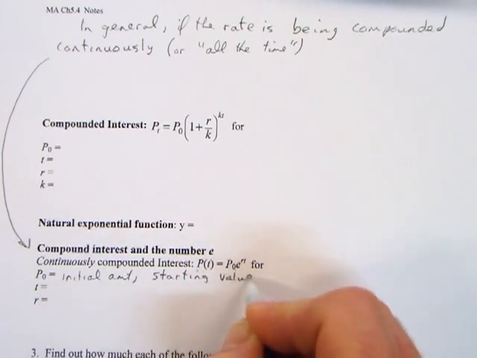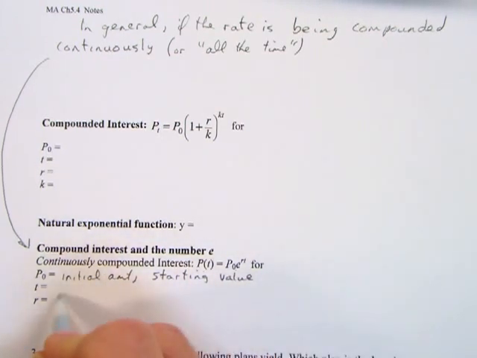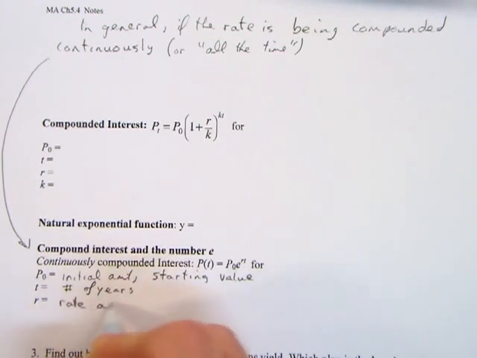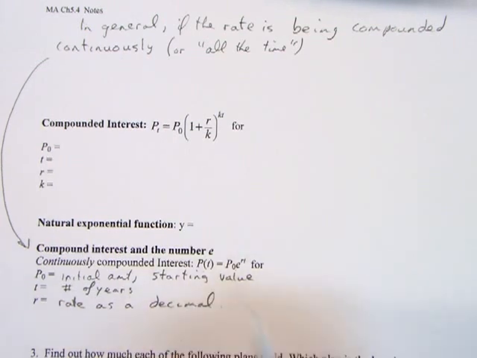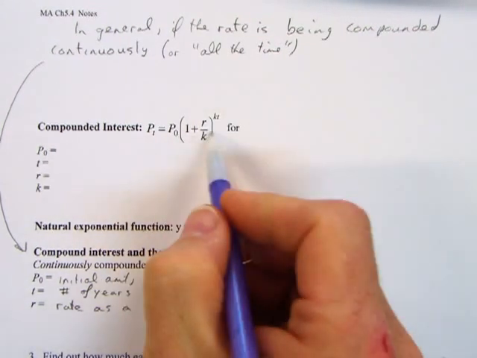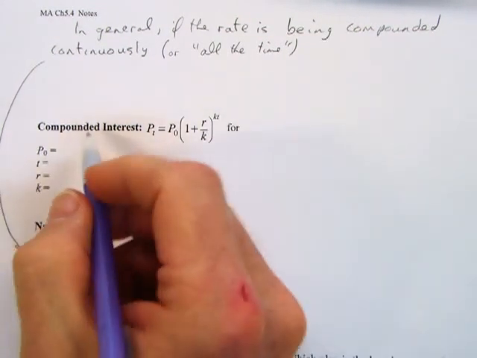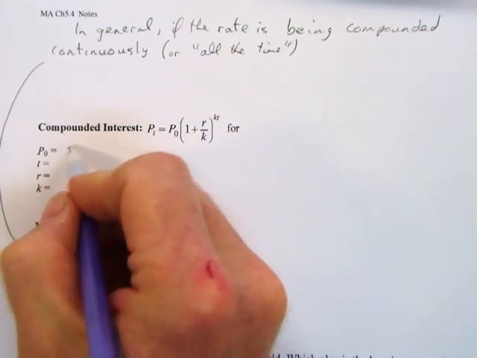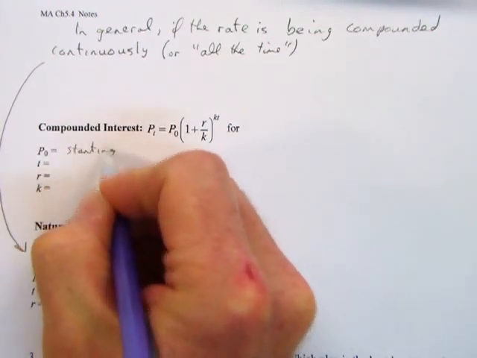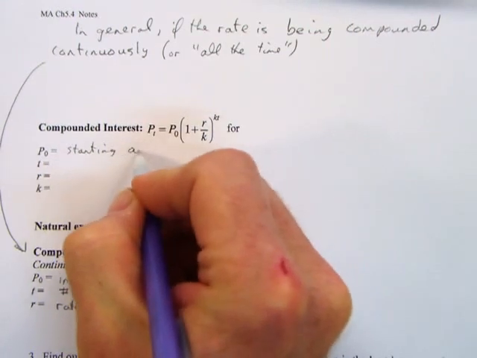Or actually, we can go t. t would be here the number of years, and r would be our rate as a decimal. That's key. You have to make sure that you're converting that to a decimal, because otherwise you're going to get some outrageously large number. What were these parts? Well, P sub 0 was, again, our starting amount, our initial amount, either way. t is our number of years.